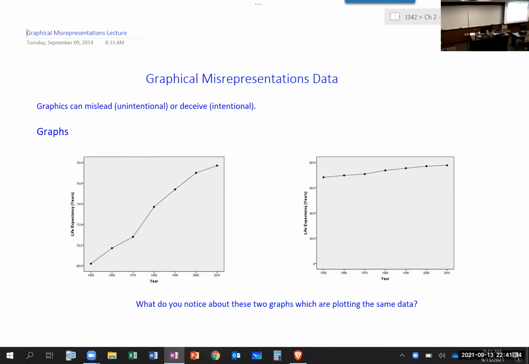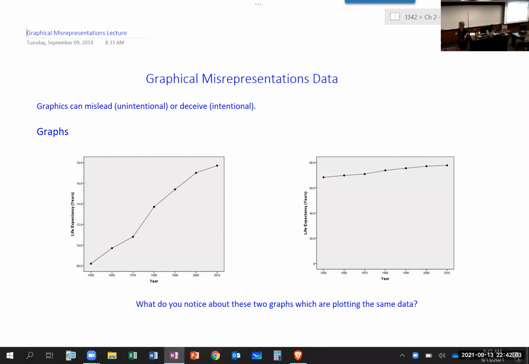In the leftmost graph, we have a starting point of 0, so we're going all the way from 0 to age 80. Over here, it's like we zoomed in and we're focusing on the ages between 68 and 78, the numbers on the vertical scale on the left-hand side. So it's like we zoomed in on this one section of age ranges.